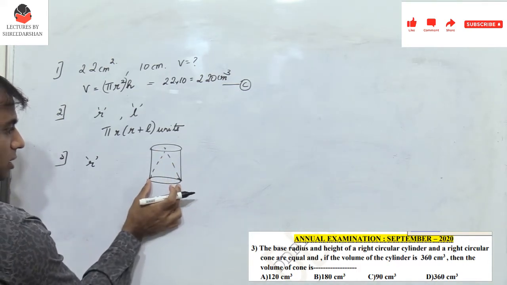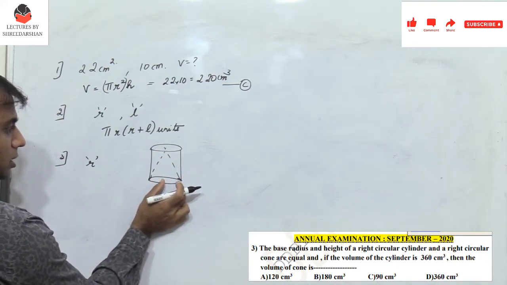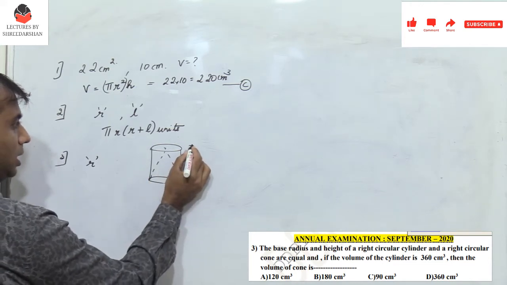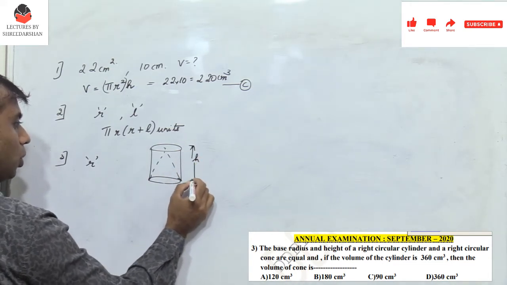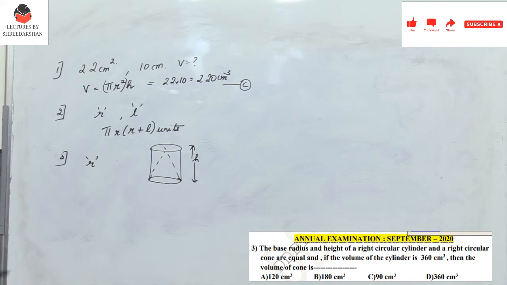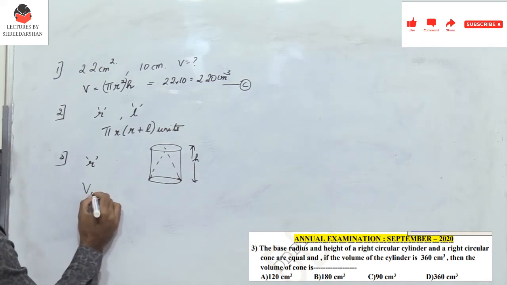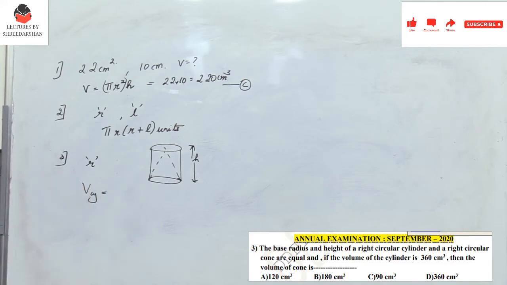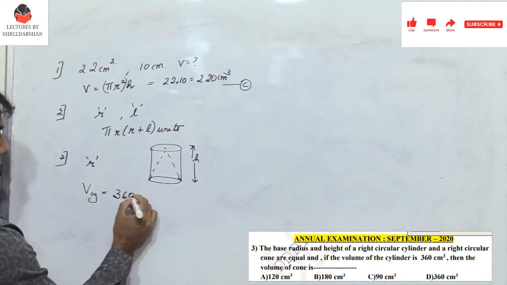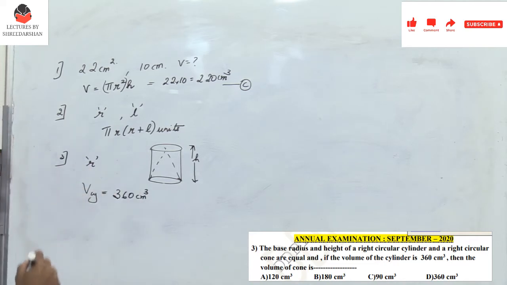We find that the radius of the cylinder and the radius of the cone is the same, and the height of the cylinder and height of the cone also is the same. And what has been given? The volume of the cylinder is 360 centimeter cube. So we need to calculate the volume of the cone.